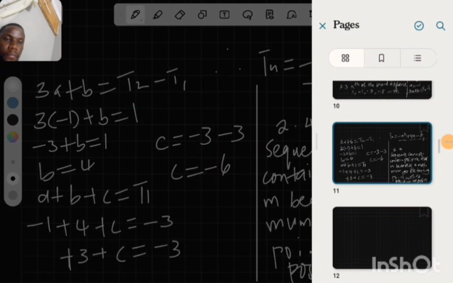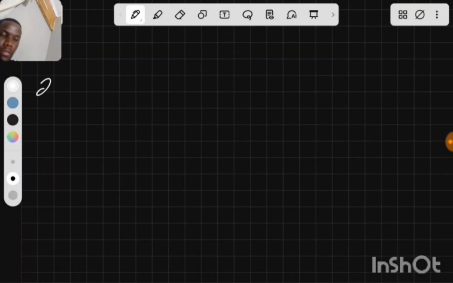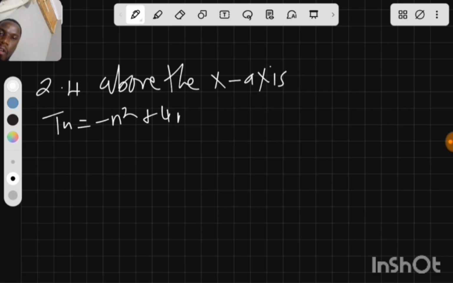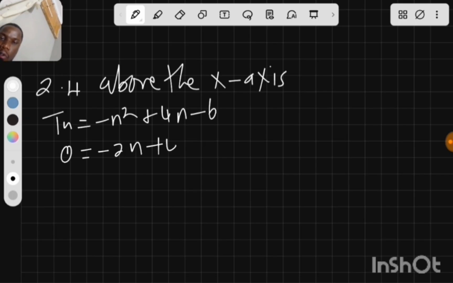Let me finish it. Choose 2.1, above the x-axis. It exists because if Tn is equal to minus n squared plus 4n minus 6, at the maximum point the derivative is always equal to 0, so you differentiate: minus 2n plus 4 equals 0.